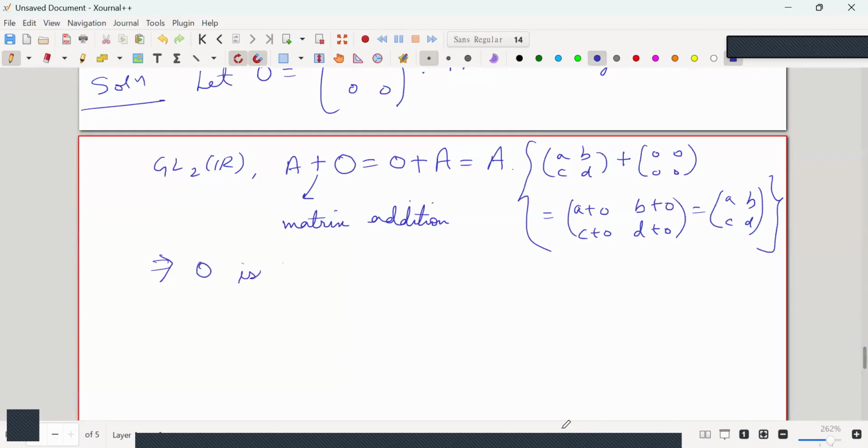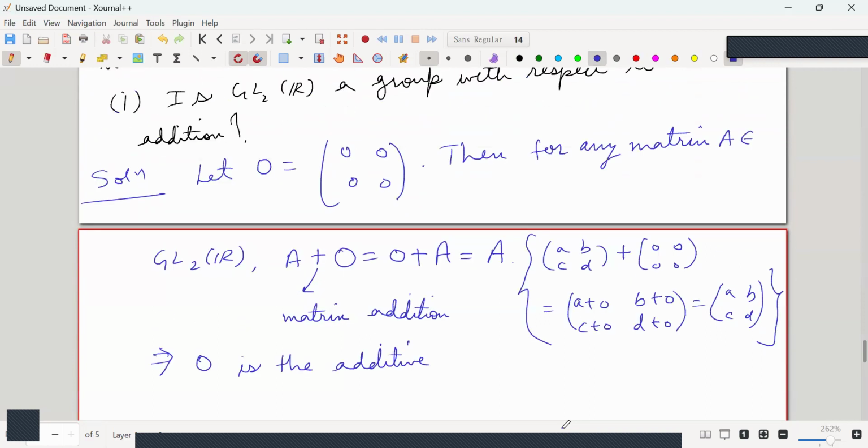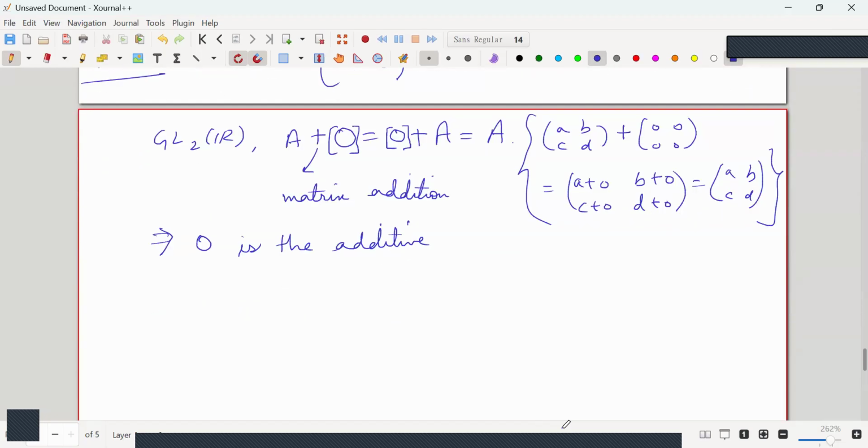Or better notation is this, I think. This would be a good notation. Okay. So 0 is the additive identity in GL2R.